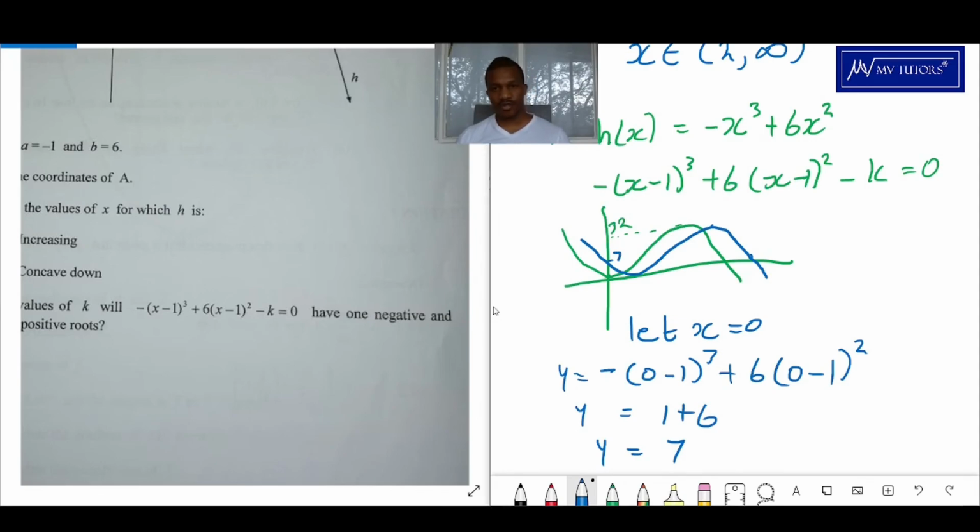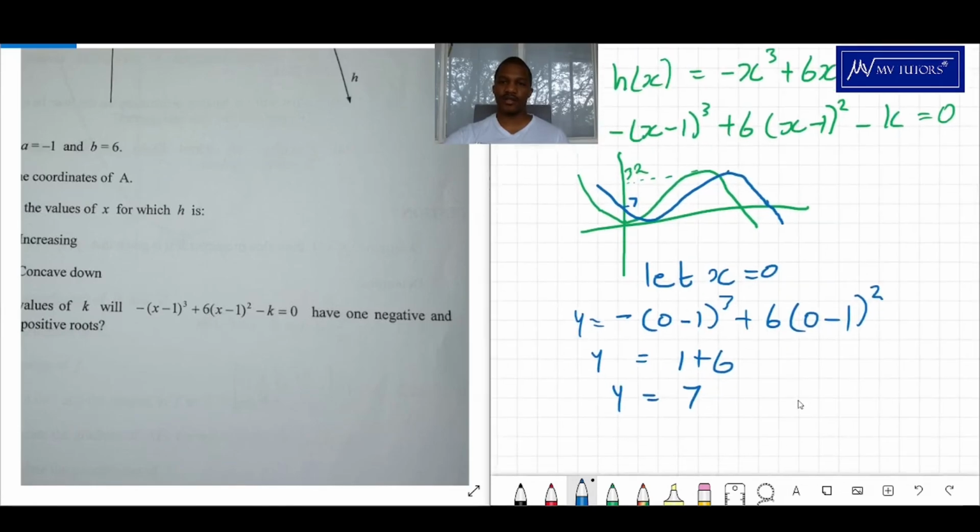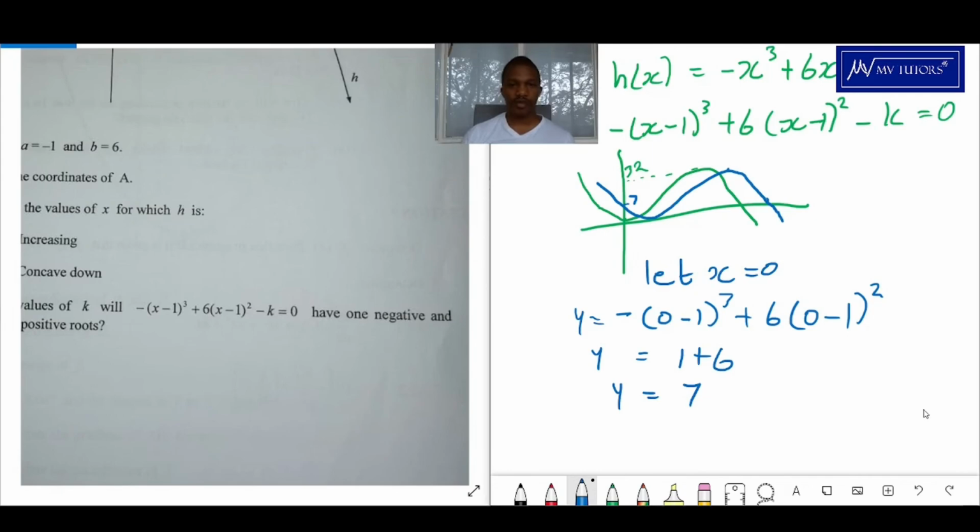Now for this graph to have one negative and two positive roots, it literally has to move down by at least 7 units. What does that look like? That graph would look like this.